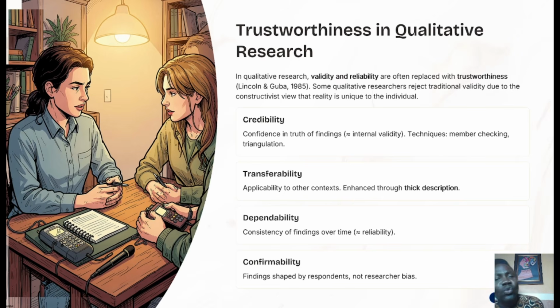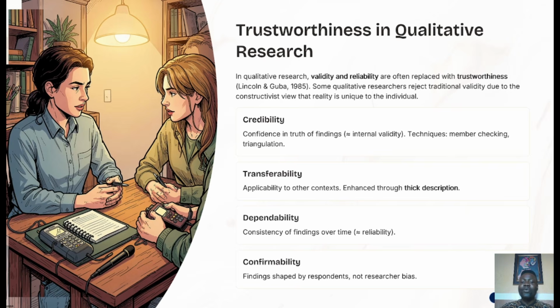I would love to mention the type of validity that is also available in qualitative research. We don't do the numerical value of reliability as often. Rather, we refer to trustworthiness.